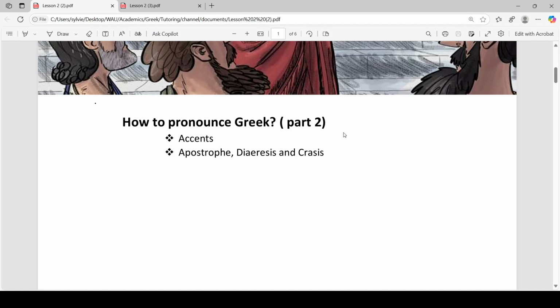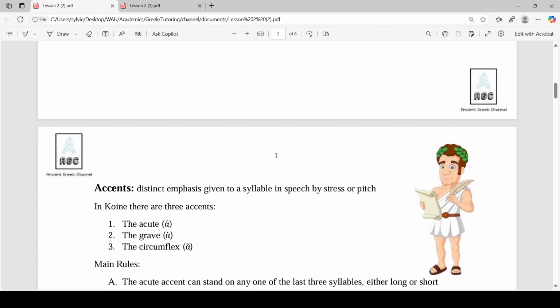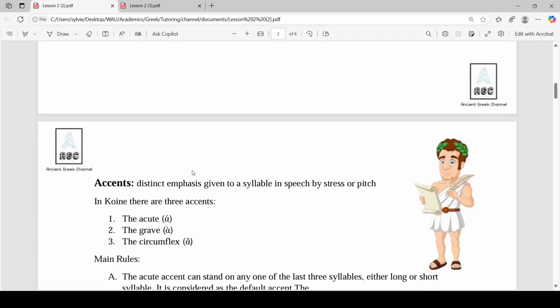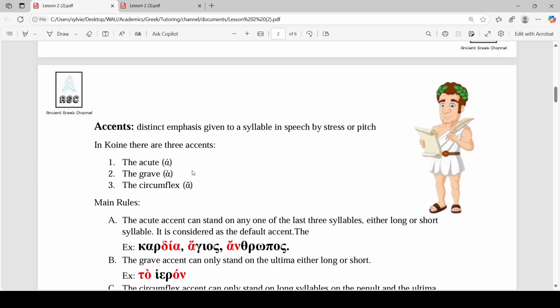We're moving closer to our goal, that is to learn how to properly pronounce Greek words, how to properly read Greek Koine. So, without any further ado, let's start our lesson for today.